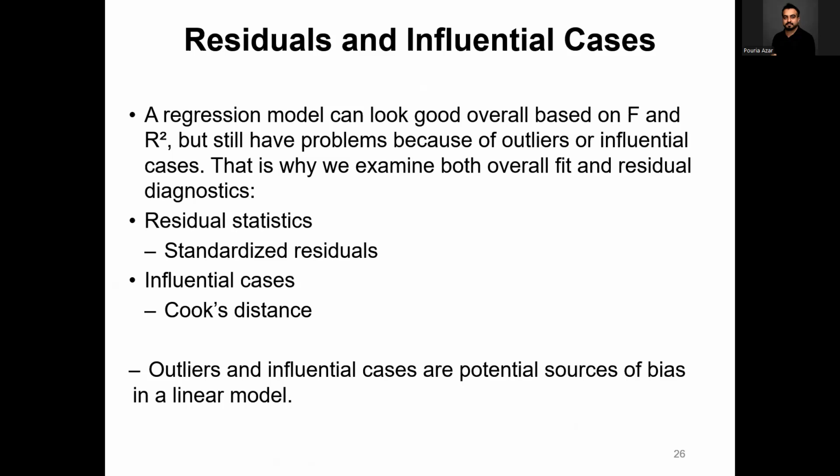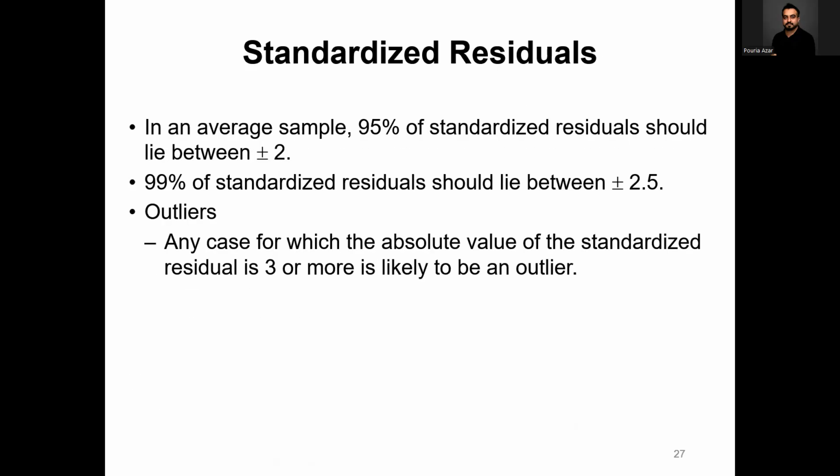This is a very important point. Outliers and influential cases are potential sources of bias in a linear model. Regarding standardized residuals, we can determine outliers by looking at them.